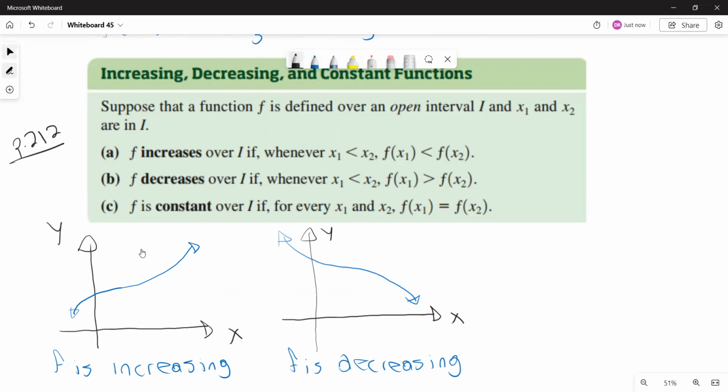A constant function has a graph that is a horizontal line segment. So f is constant whenever the graph is a horizontal line or line segment.